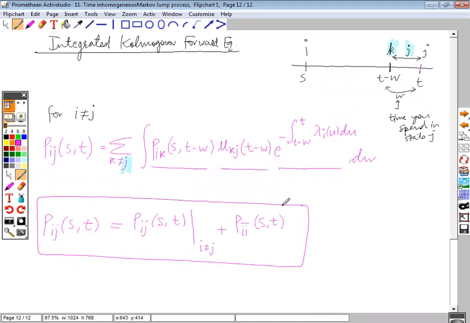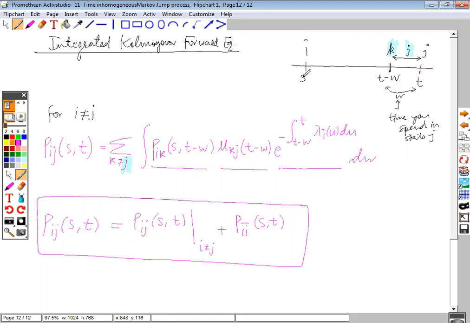So again, going through the three terms that we have here, the first term represents the probability that you are in state i at time s, and you transit to k by time t minus w. Here, there can be any number of variations in the states between s and t minus w.